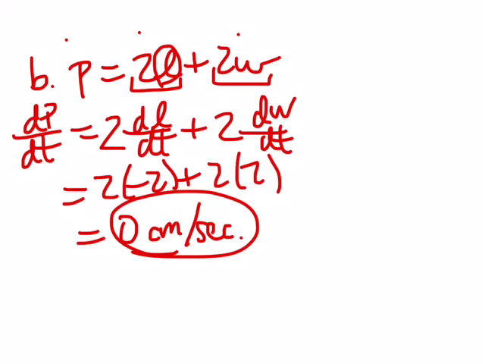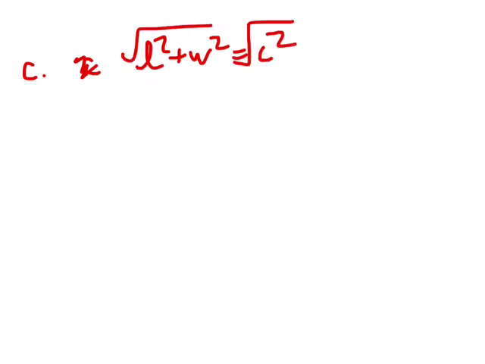Okay, and finally C. So a rate of change of the length of the diagonal. Well, the length of the diagonal, I called it C. We have to do Pythagorean theorem. L squared plus W squared equals C squared. And we can do a square root to solve for C. So actually, there's two ways to do this one.